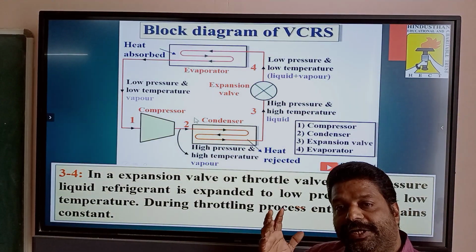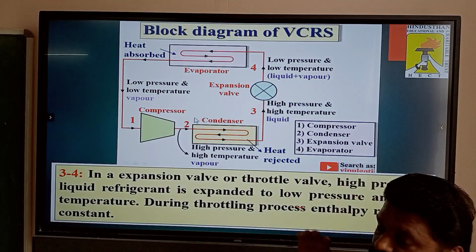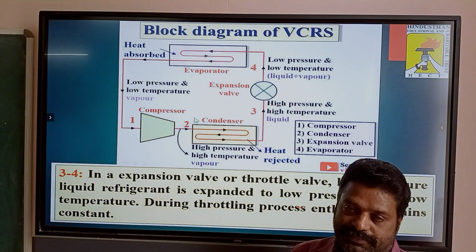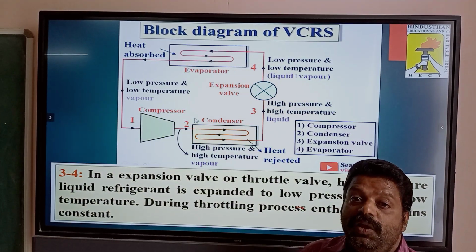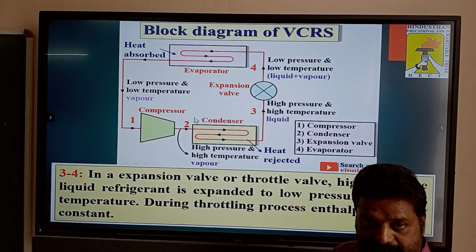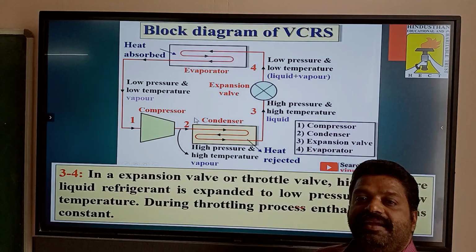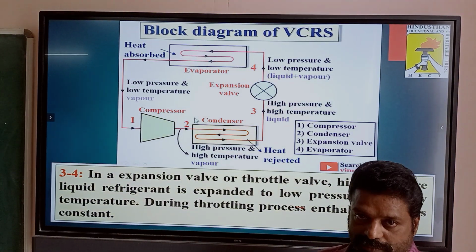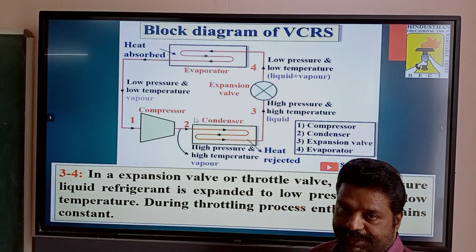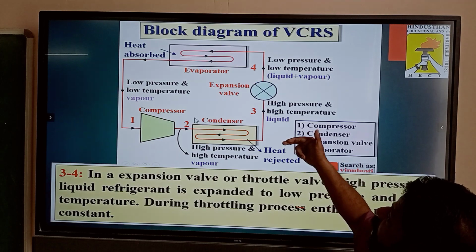In the expansion valve, the volume suddenly increases. When the volume suddenly increases, the pressure of the high pressure refrigerant is suddenly reduced. That is the third process, the expansion process.